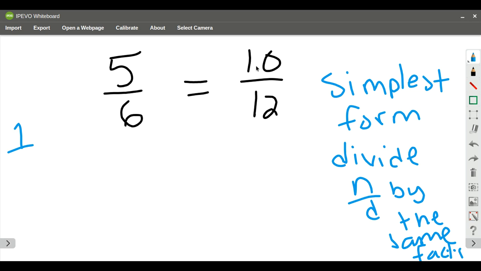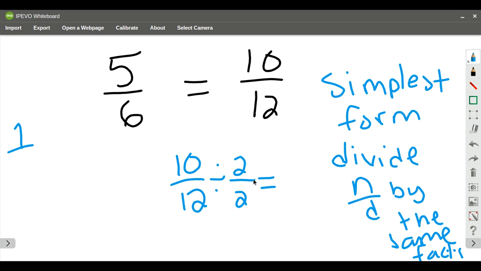But if I take a look at 10 and 12, 10 and 12 have a common factor. They both can be divided by 2. So when I'm looking for simplest form, I'm looking to see, can I divide both the numerator and the denominator by the same value? In this case, I can. I can divide them by 2 because they're both even numbers.